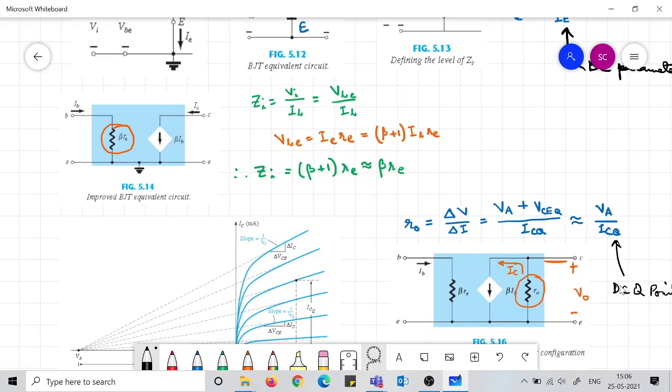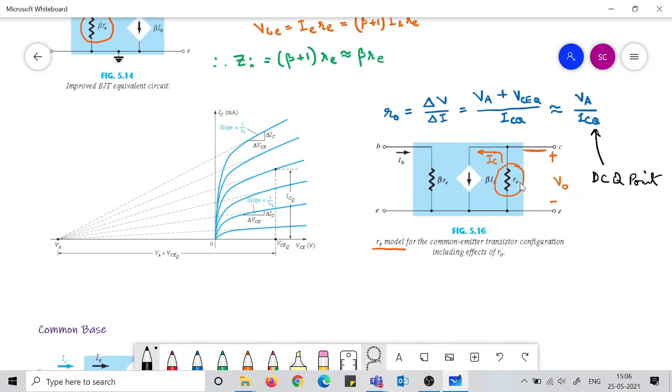This behaves like a current source. Along with this current source, we also put an output resistance ro, which is a resistance at the CE junction basically. So delta VCE by delta IC would give you the ro, and this is nothing but the slope of the collector characteristics.